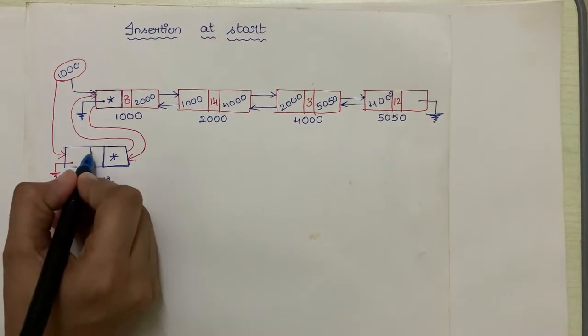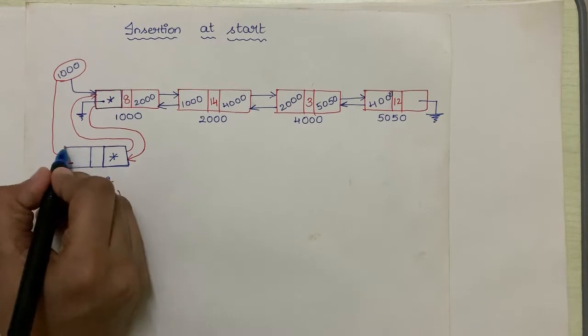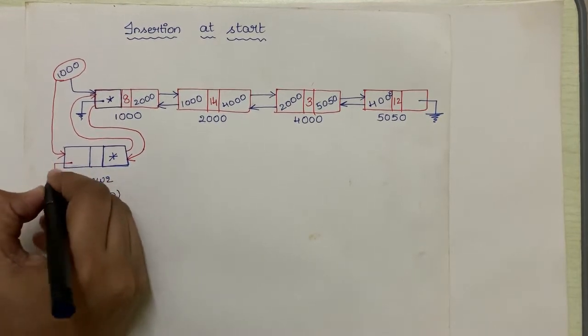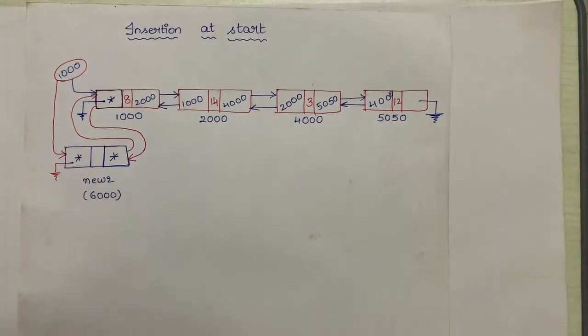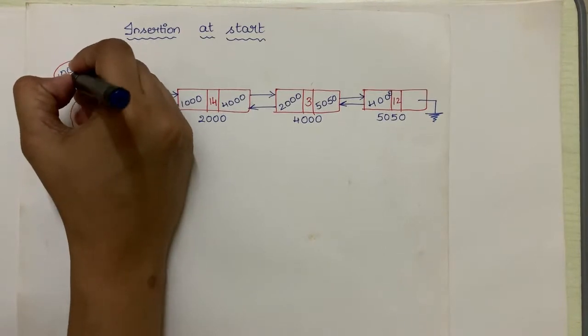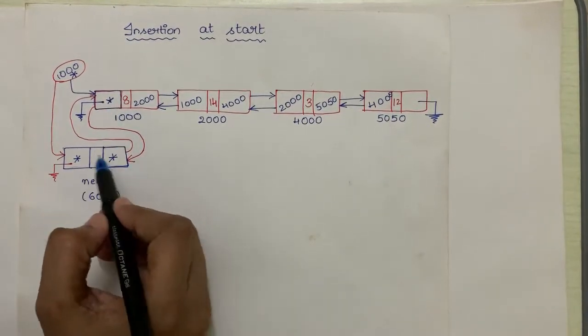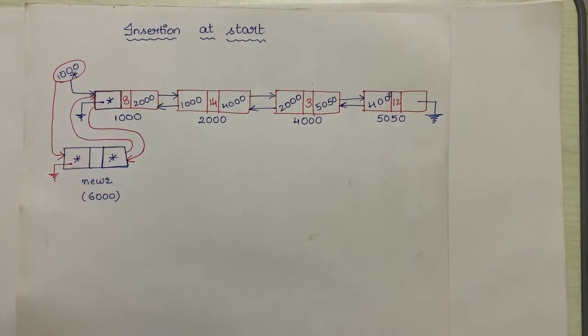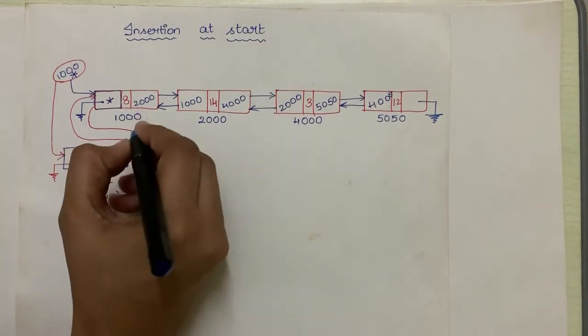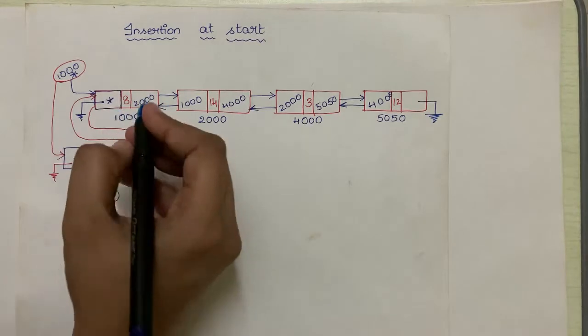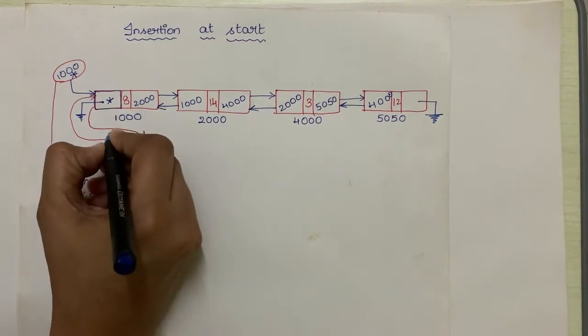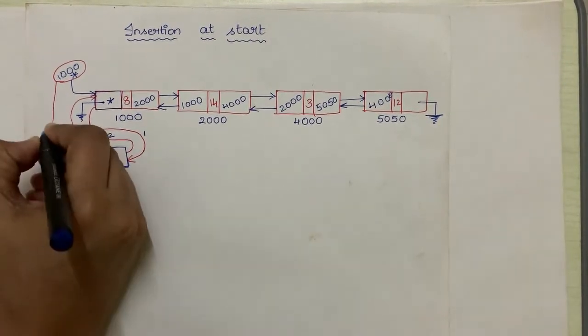Next, the new node previous field should store null, and the header node should store the address of new2. Now let us write the statements for all these 4 stars. We should start writing from right hand side to left hand side. So 1, 2, some 3 and 4.